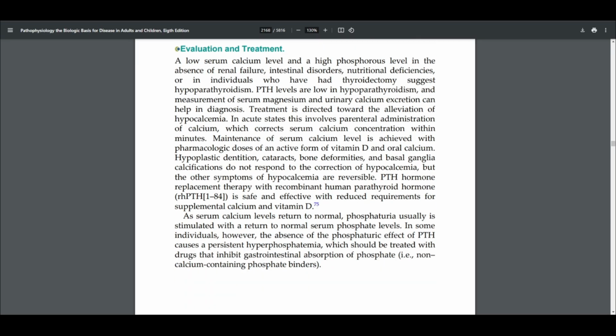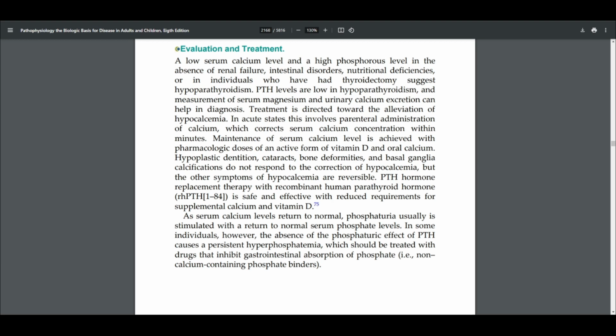So what is our evaluation and treatment? A low serum calcium level and a high phosphorus level in absence of renal failure, intestinal disorders, nutritional deficiencies, or in individuals who have had a thyroidectomy suggest hypoparathyroidism. Your PTH levels are low in hypoparathyroidism, and measurement of serum magnesium and urinary calcium excretion can help in diagnosis.